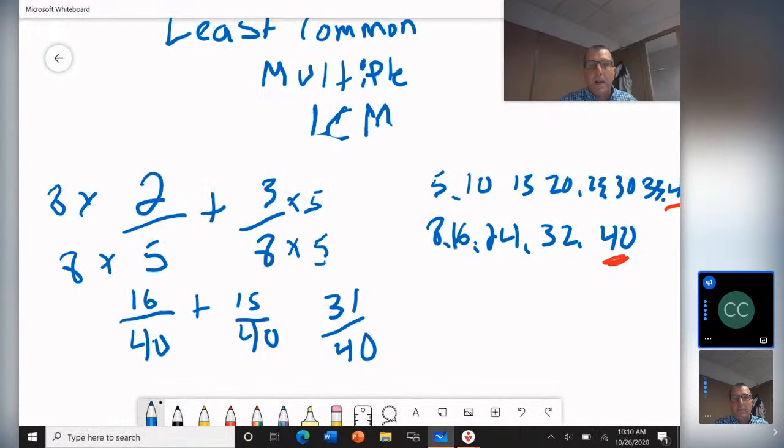We will tomorrow specifically work on adding and subtracting some fractions. I will put some practice up today of finding the least common multiple. And then tomorrow we'll get into specifically adding and subtracting fractions.